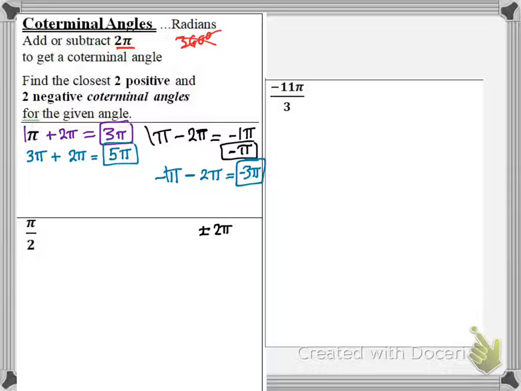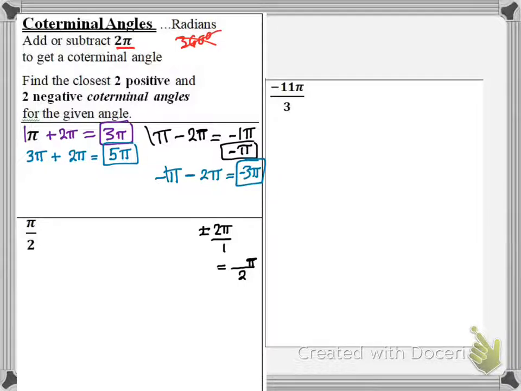But I see that this has a 2 on the bottom, and I have a 1 on the bottom. And we know that when we add and subtract fractions, it's a whole lot easier if we can deal with a common denominator first. So I need to turn this into something that has a 2 on the bottom and a pi on the top.